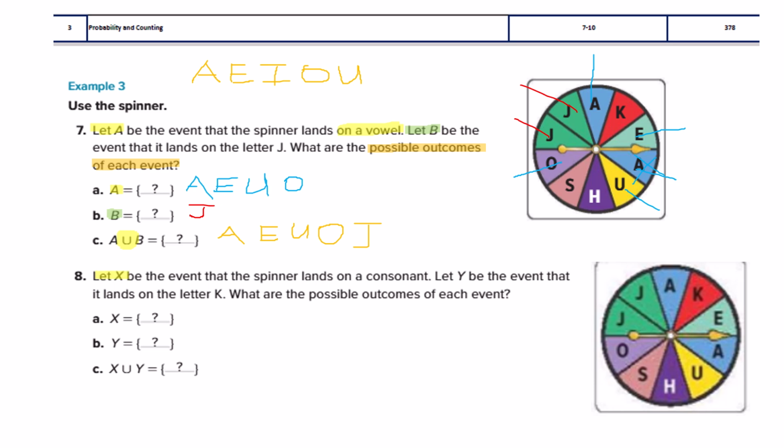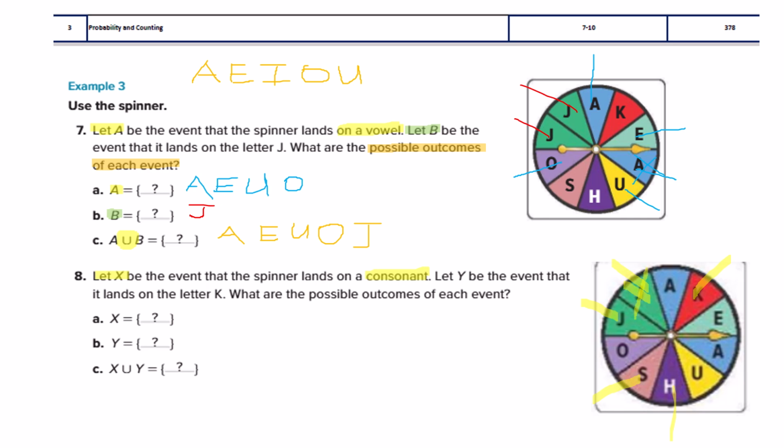Let X be the event that it lands on a consonant. A consonant will be everything but the letters A, E, I, O, and U. So it will be K, it will be H, it will be S, it will be J, and it will be J. But remember, you only take the J one time, right?